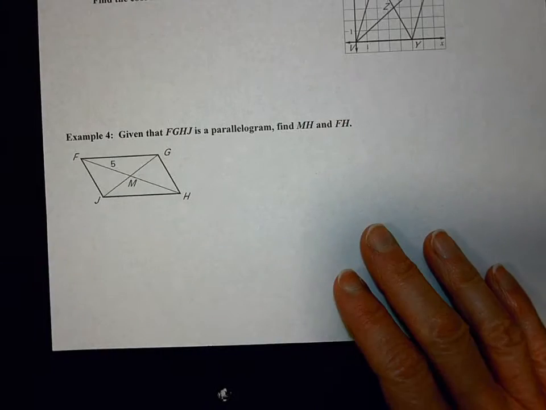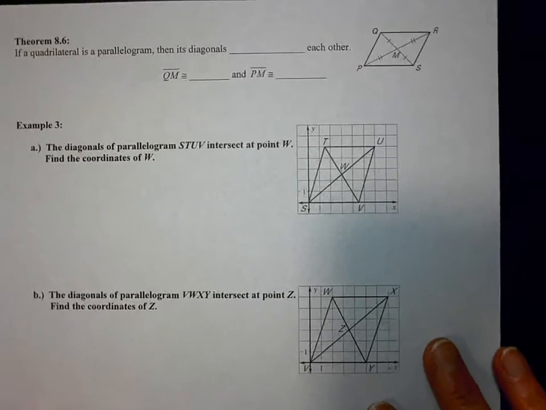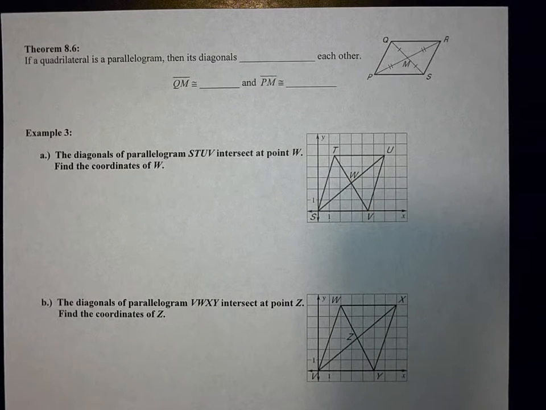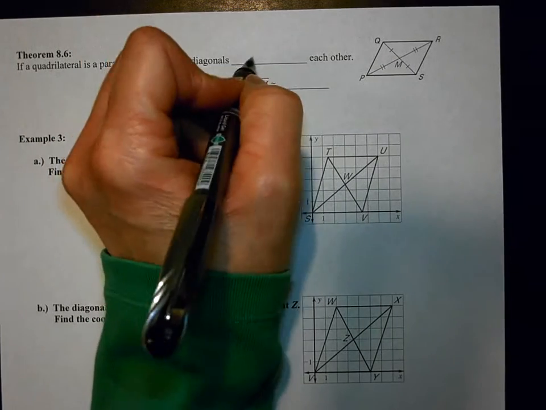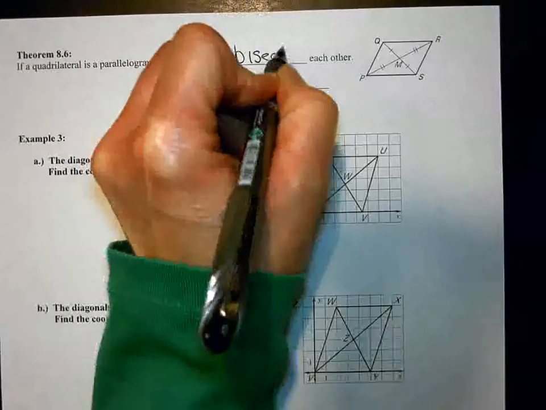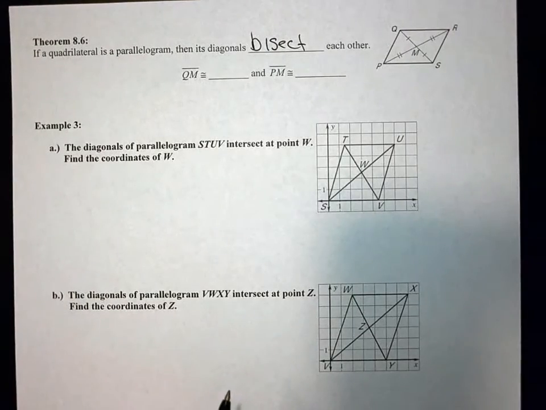Okay, I'm going to turn the page. Okay, we're on theorem 8.6. And the other idea about a parallelogram: if a quadrilateral, again a four-sided figure, is a parallelogram, then its diagonals bisect each other. Remember, we've used this word before. Bisect means cut into two equal pieces.